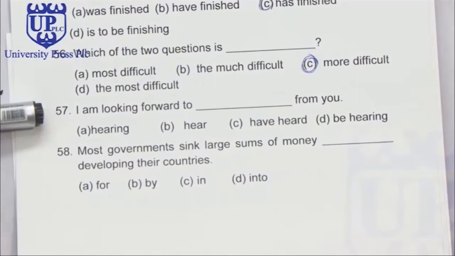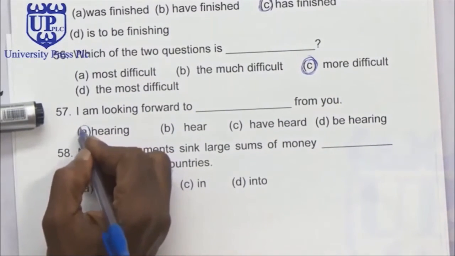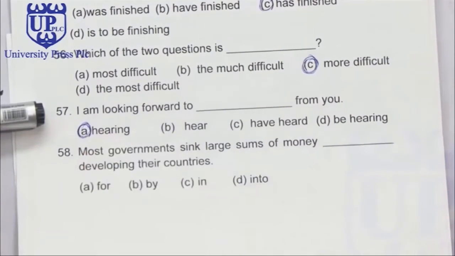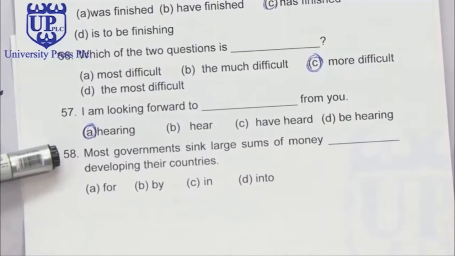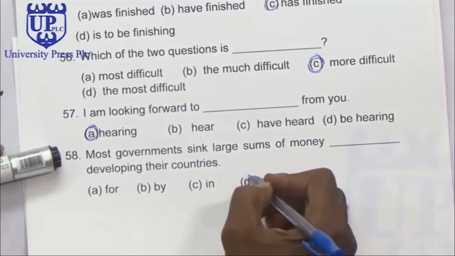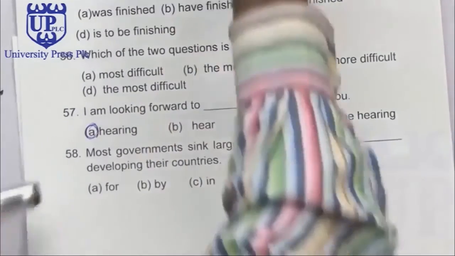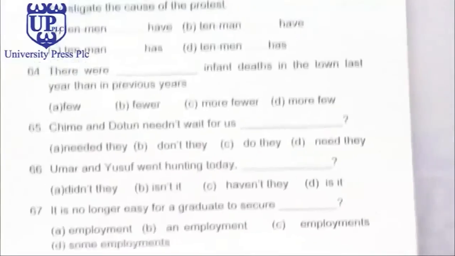Usually the expression is, I'm looking forward to hearing from you. That is the expression. Looking forward to seeing you. Looking forward to hearing from you. Right. 58. Most governments sink large sums of money into developing countries. Developing countries.